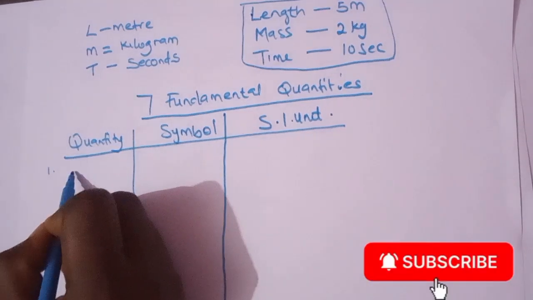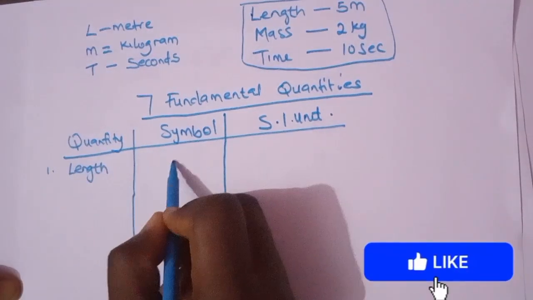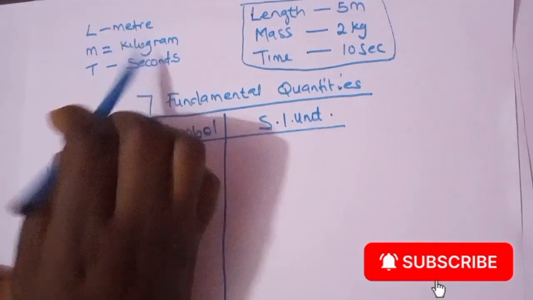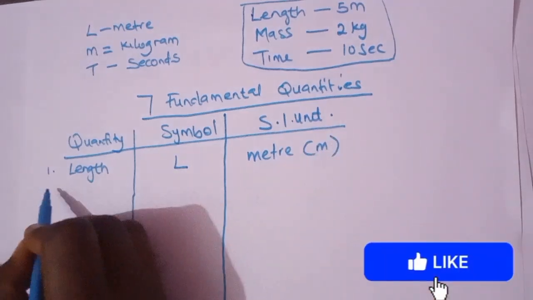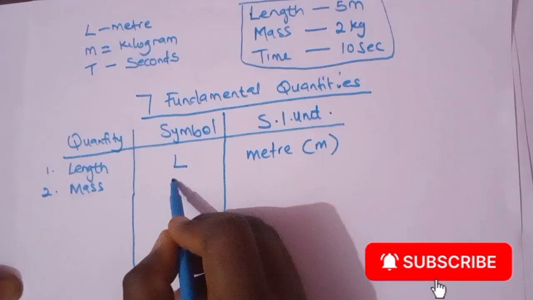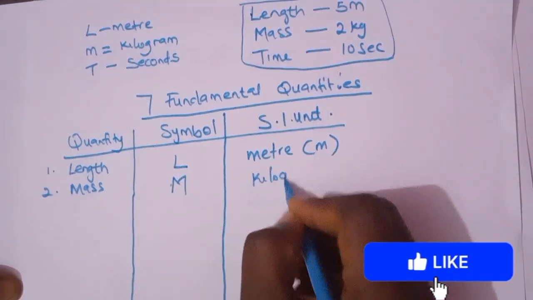Number 1, we have length. The symbol for length is m. The SI unit, remember I said, is meter. The second one, we have mass. The symbol is capital M, and the SI unit is kilogram.